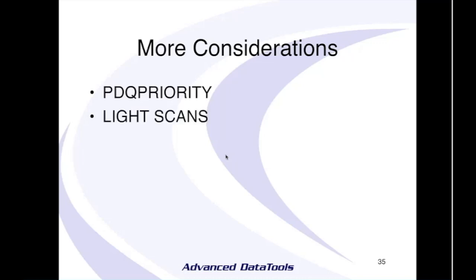Light scans. It's hard to find information about light scans anywhere, but I believe we talked about it. You want to make sure that you're in dirty read, that you're reading a lot of data, and that you have small buffers so that the data you're reading is larger than the buffers you have, in which case you'll get light scans.